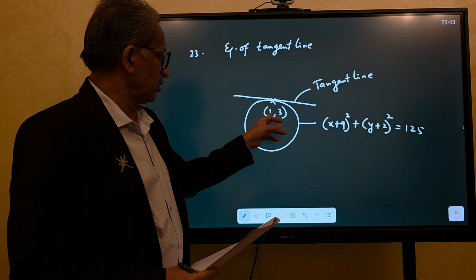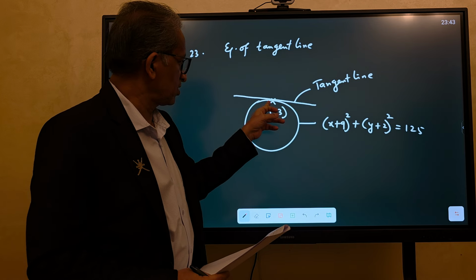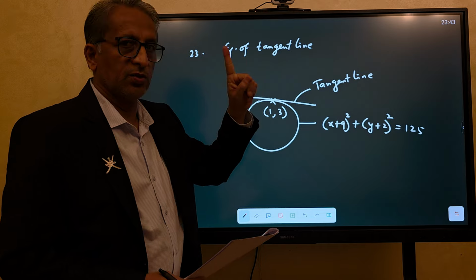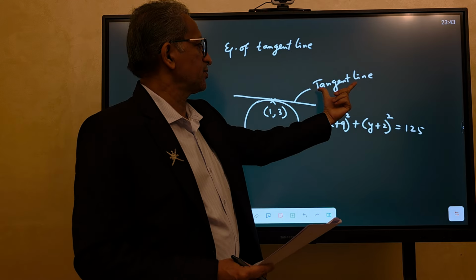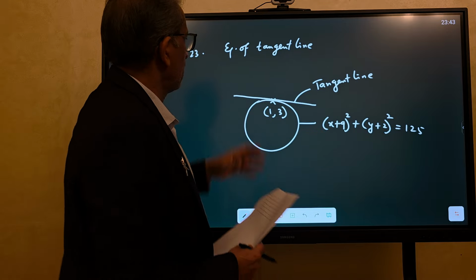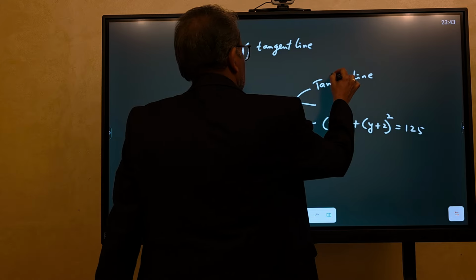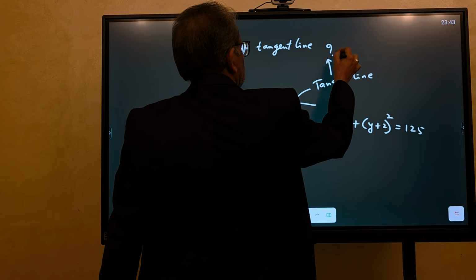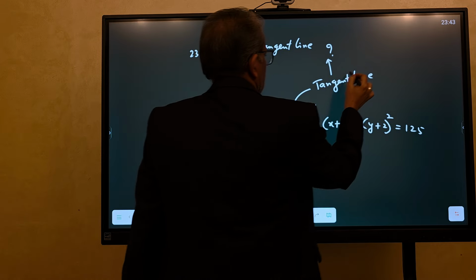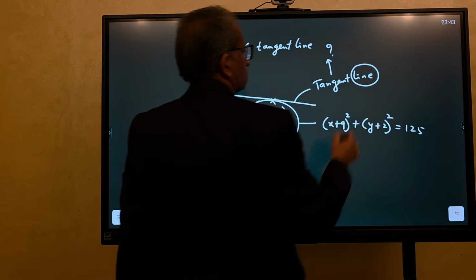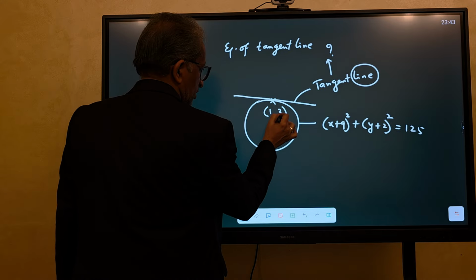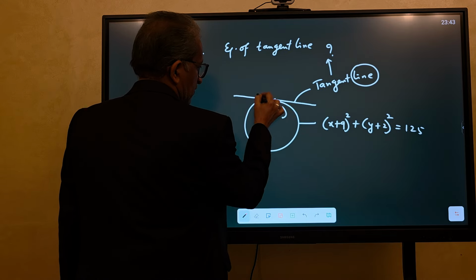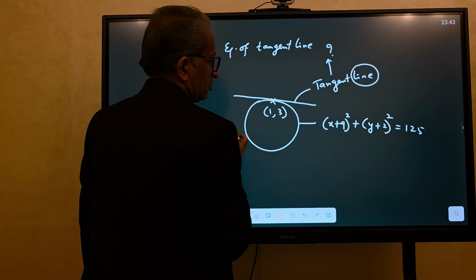At the point (1, 3), we draw a line which is touching the circle at one point. When the line touches the circle at one point, it becomes a tangent line, and we are finding the equation of this tangent line. Please remember, a tangent line is a line, right? So this point (1, 3) is on the circle as well as on the tangent.